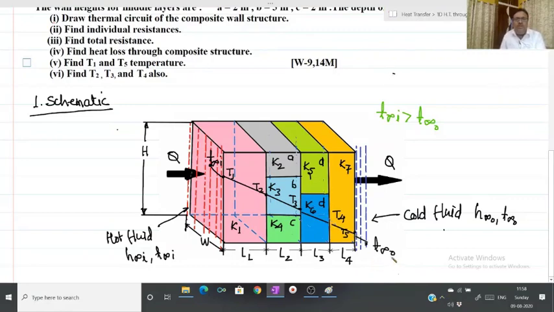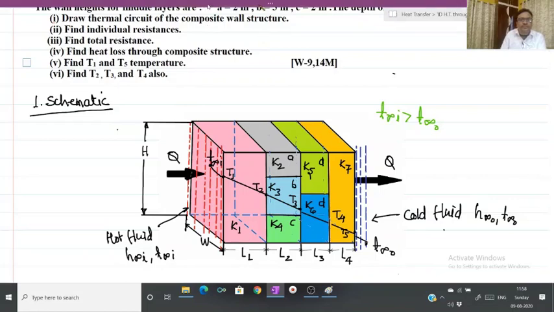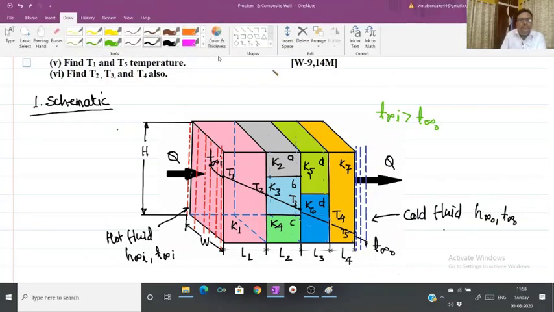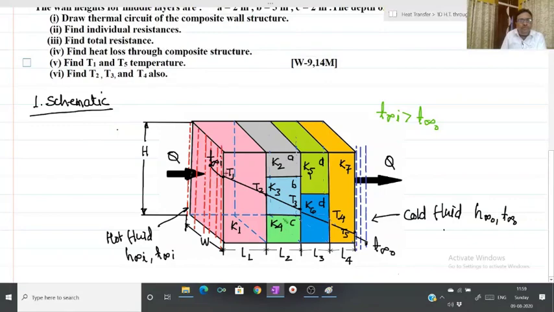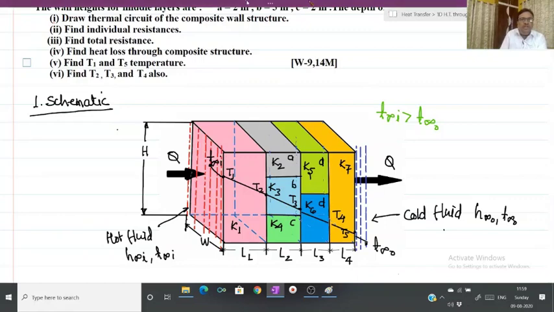So this will be a linear profile, because temperature profile in case of a plane slab is linear, so it will be represented by a straight line.